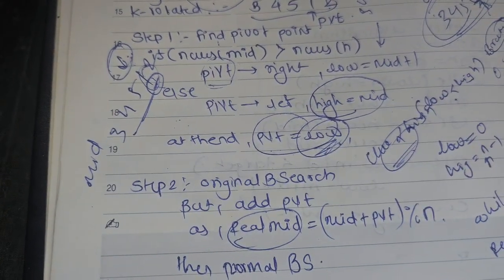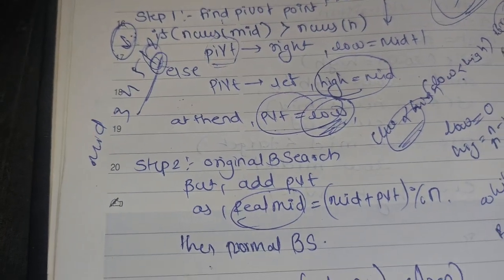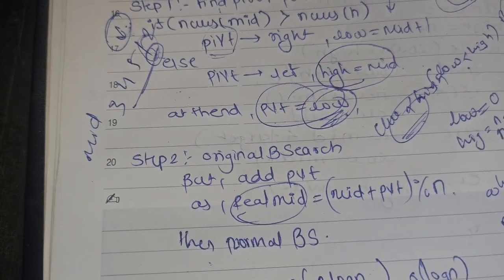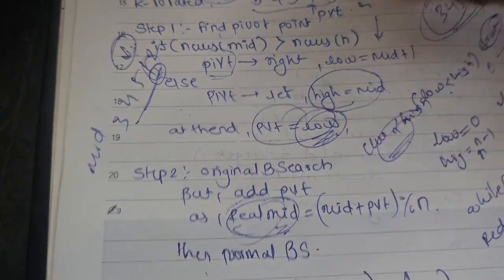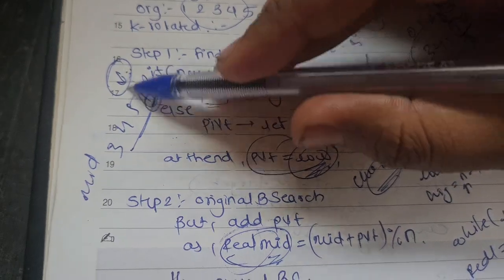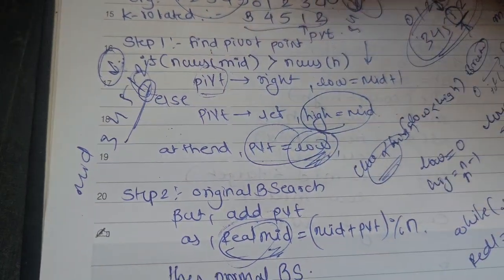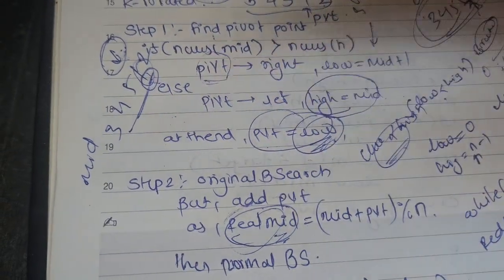And for the second binary search, we perform the original binary search, but with a twist, where we use the real mid, because as we know the array has been rotated, therefore we have to find the real mid.